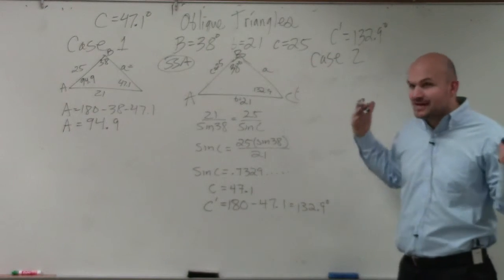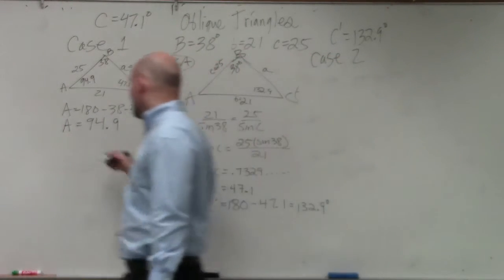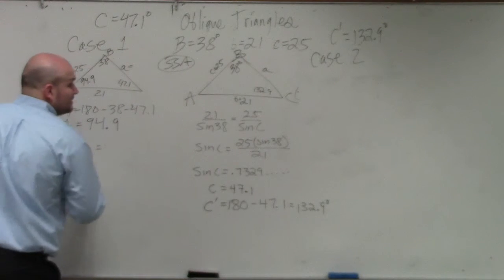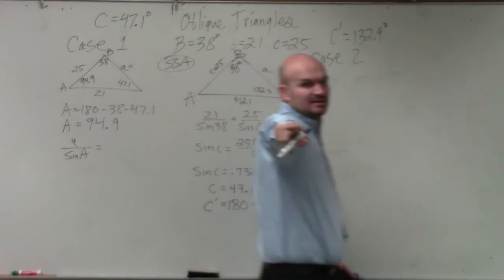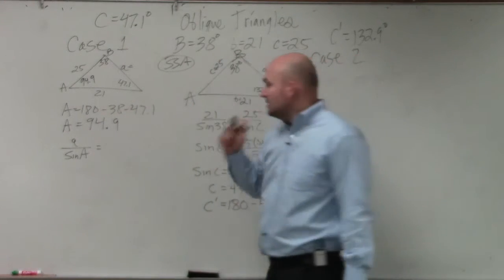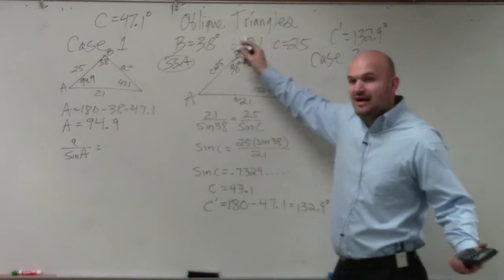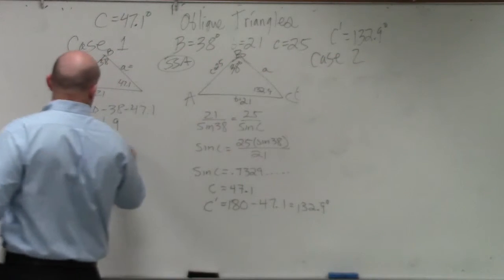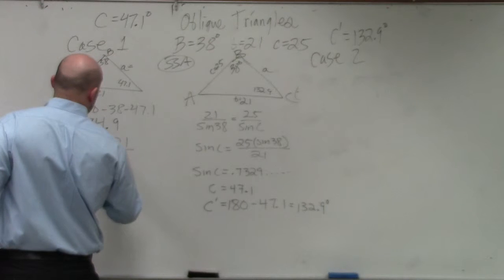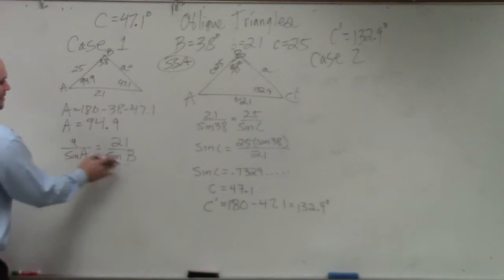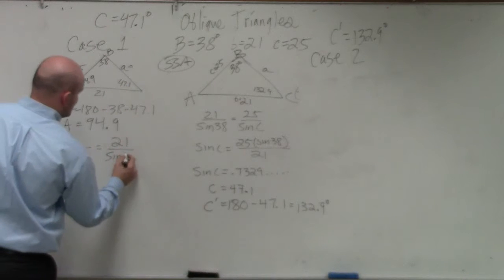So can I use, again, the law of sines? Sure. So I just do a over the sine of A is equal to, now we just need to create a ratio. Again, I would prefer you use ratios that you've already used before, which would be 21 over the sine of B, which you already know, which is 38 degrees.